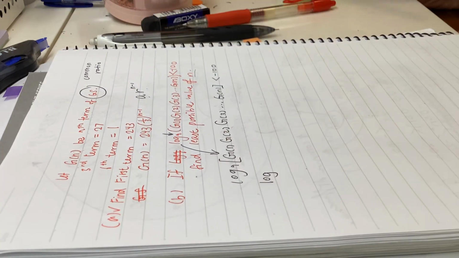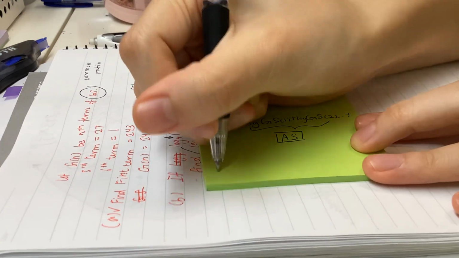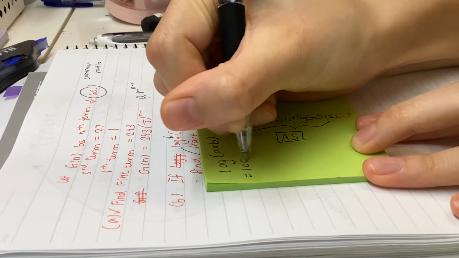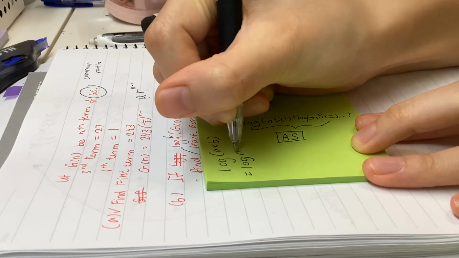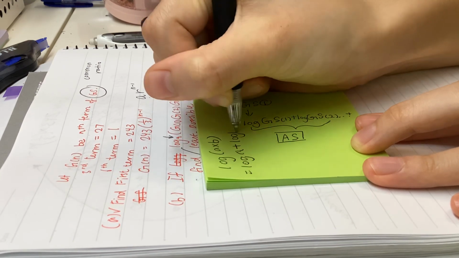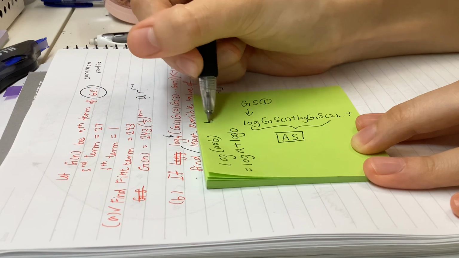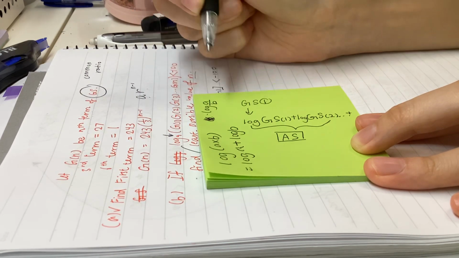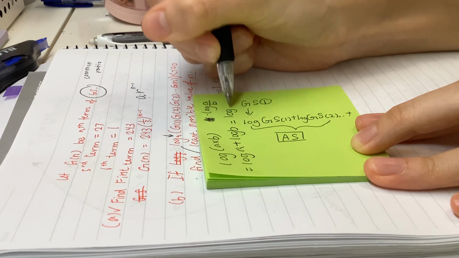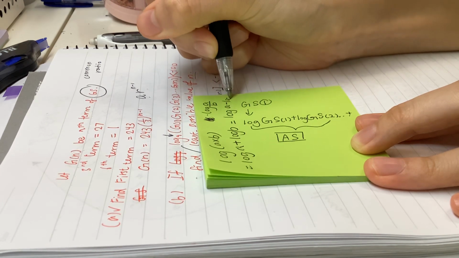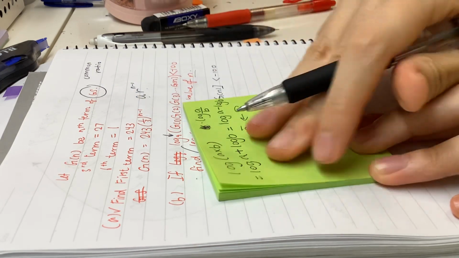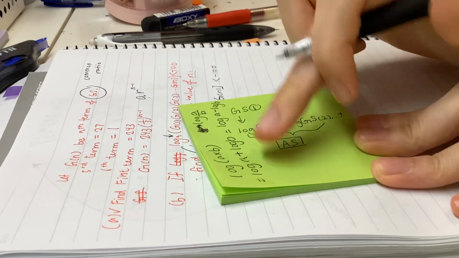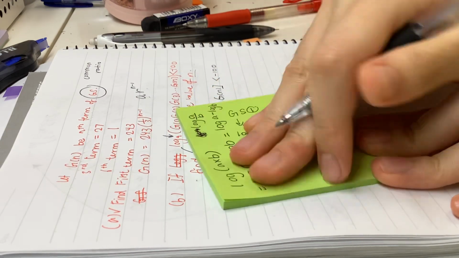When we have log of A times B, it means log A plus log B. And when we see log of A divided by B, it means log A minus log B, right? These are the basic log properties.